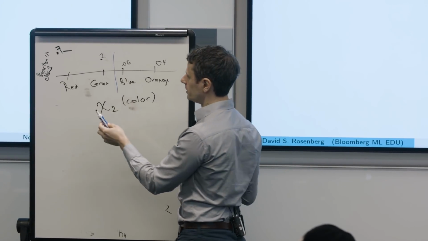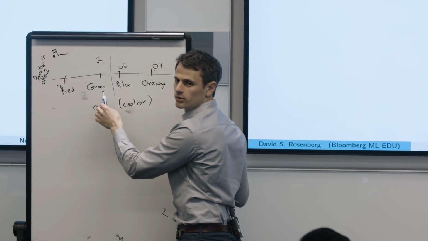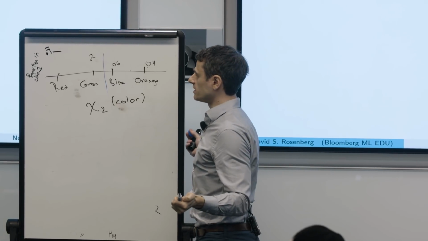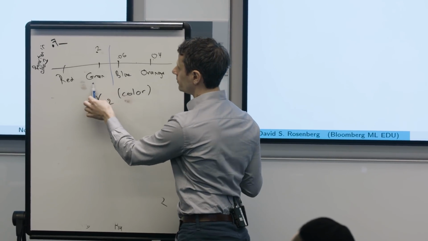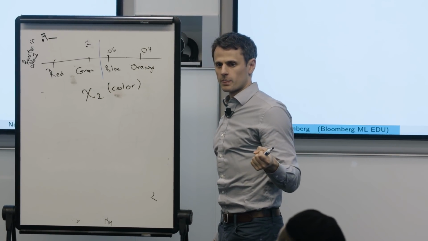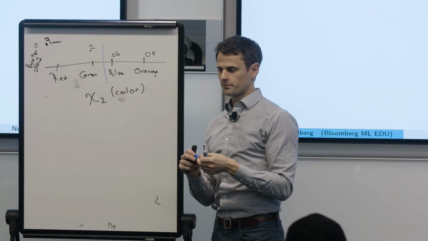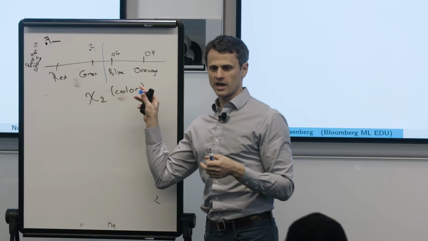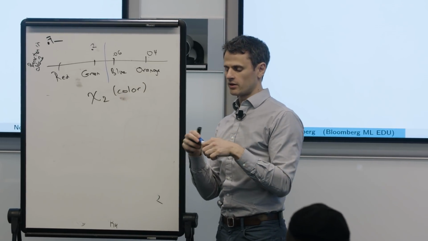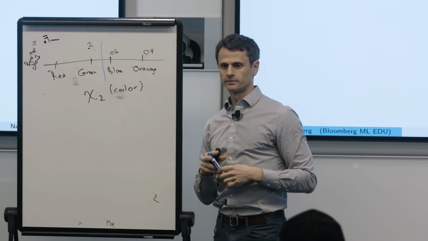So the split would either be if you're red, go right; if you're not red, go left; if you're green, go right; if you're not green, go left. And what I was getting at is that if you have many categories, then one of your regions after the split is necessarily going to be small, because it will only correspond to one of the possible category values. Whereas with this type of splitting, we can group categories together so we don't end up with regions that are too small too quickly.